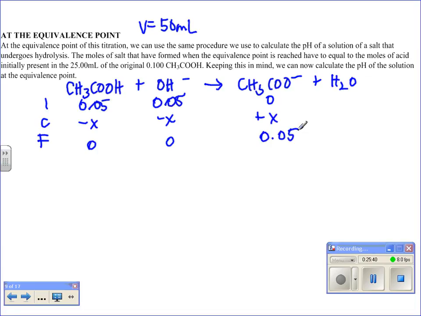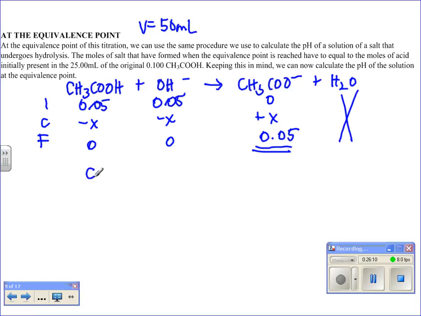When we looked at the equivalence point of a strong acid, strong base titration, we automatically knew that we had a pH of 7, because of the nature of the salt that was produced in that reaction. This salt, coming from a weak acid, affects the pH. This is the conjugate base of the acetic acid solution.